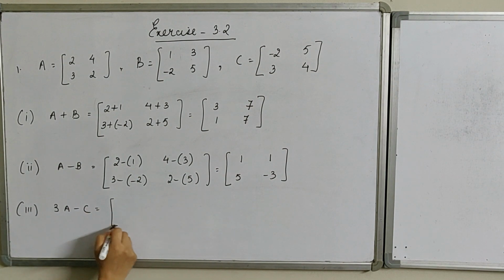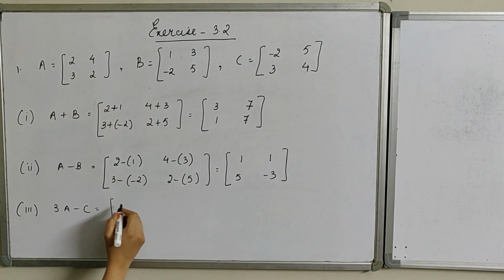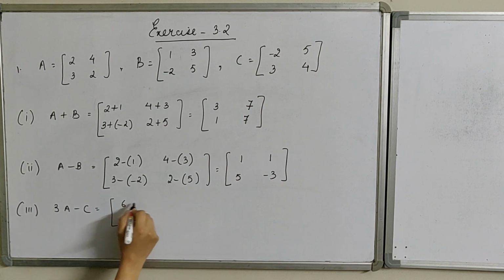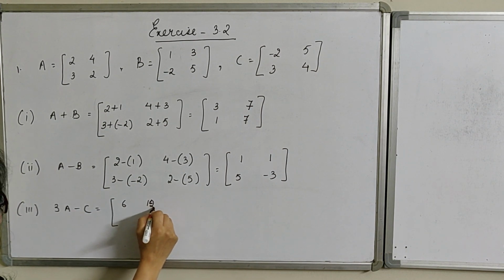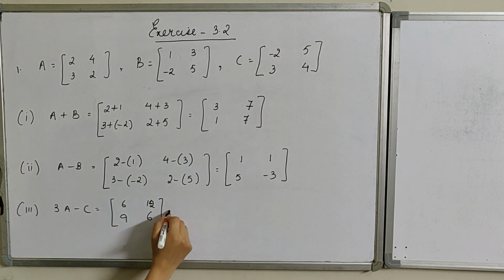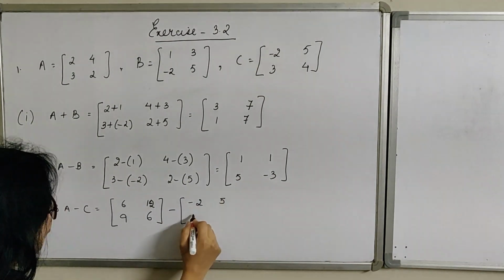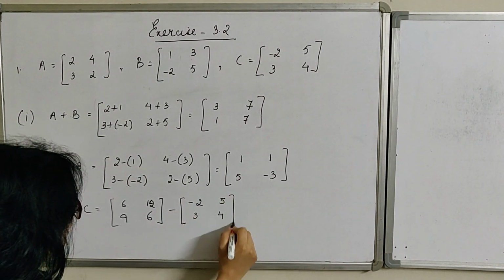3 times A means multiplying each element of matrix A by 3, so we get 3 into 2 is 6, 3 into 4, 3 into 3, 3 into 2, minus matrix C with these elements.